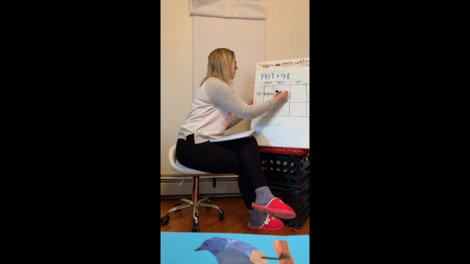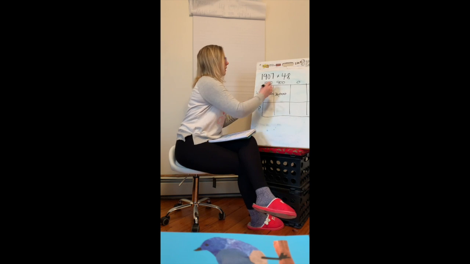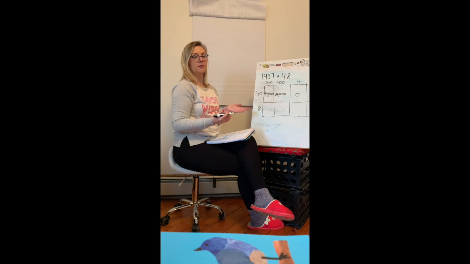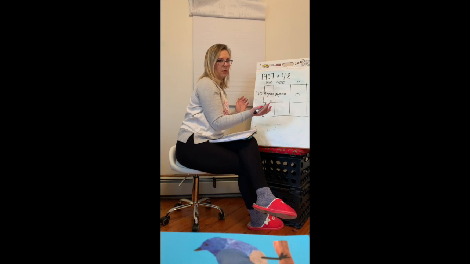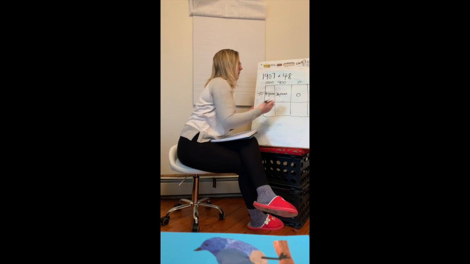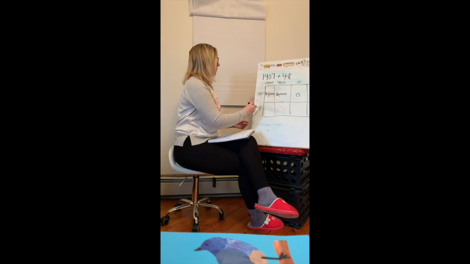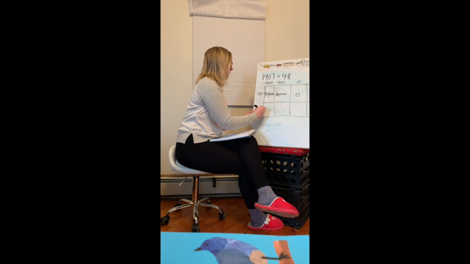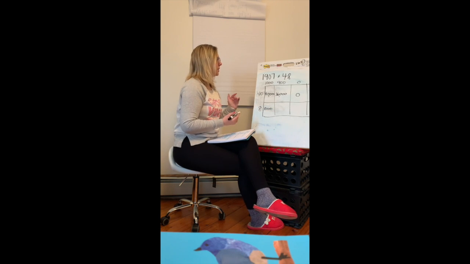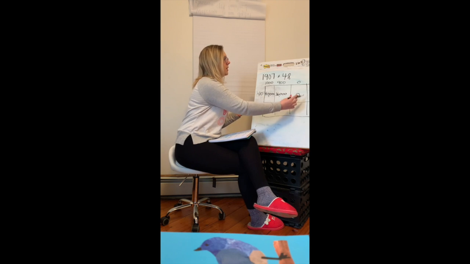Put your zeros. 0 times 40 is 0, and 7 times 40 is 7 times 4, 28, add your 0. Then you do the same thing for the next row. 8 times 1,000 is 8,000, and so on. Then your final step is going to be to add up everything in your boxes to get your total.